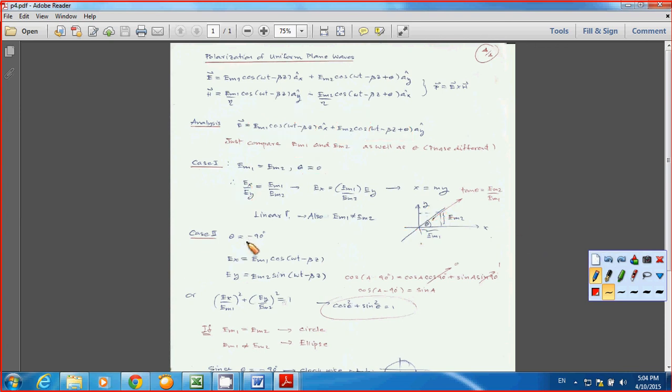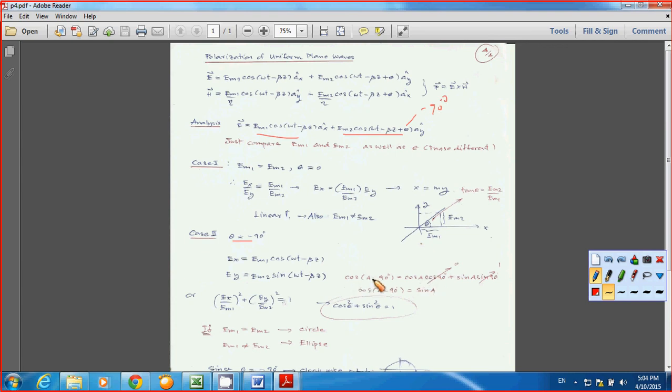Now take a look at theta equal to negative 90 degrees. You know why I pick theta equal to negative 90 degrees, because take a look at the x component and y component of the electric field. When you have theta be negative 90 degrees, what happens?